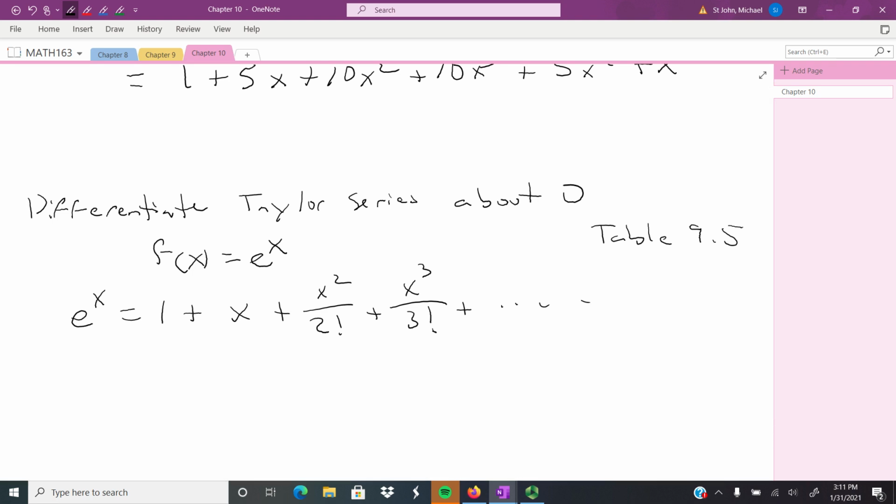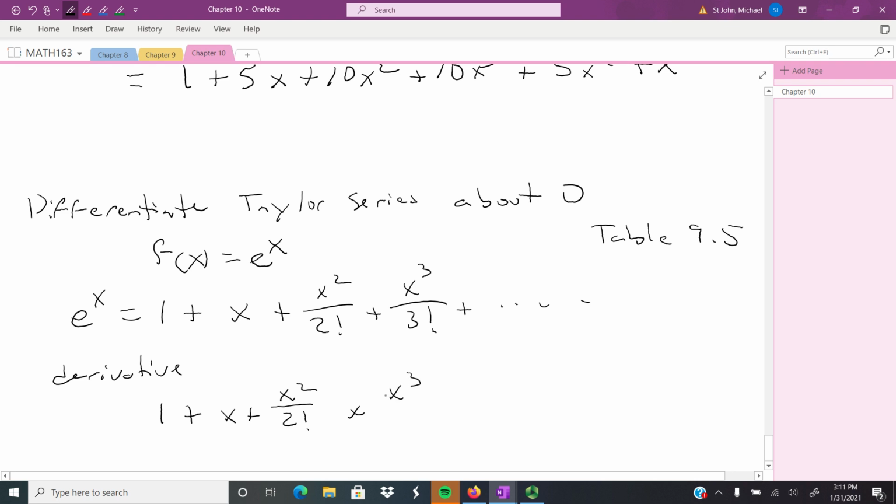So now I'm going to take the derivative of this. Well, this would be 1 + x + x²/2! + x³/3! + ... + x^n/n!.